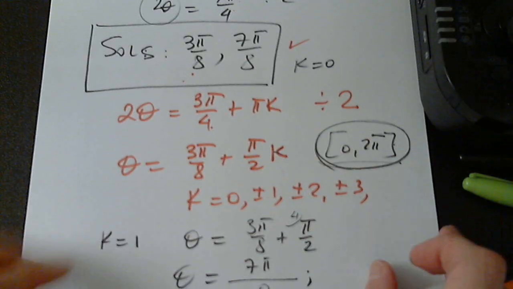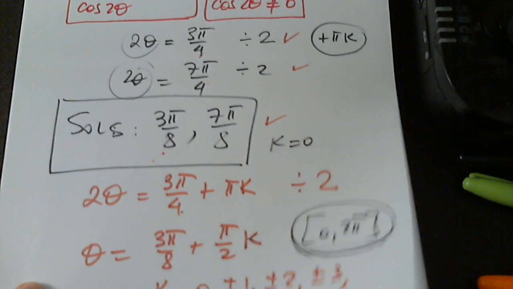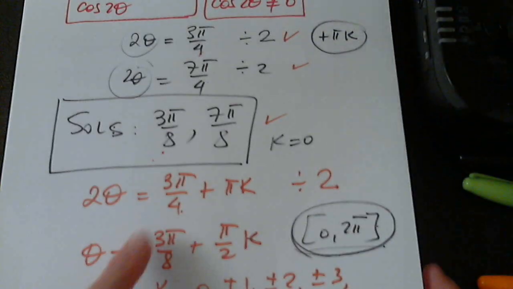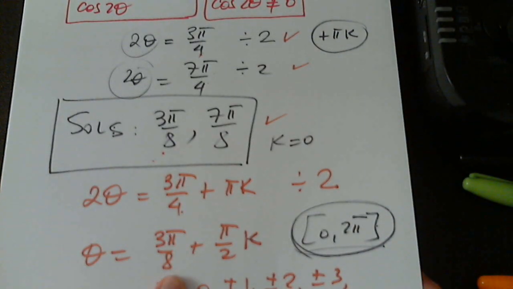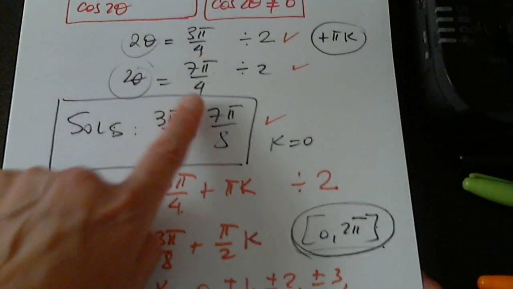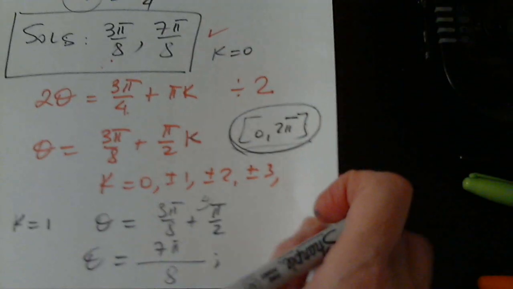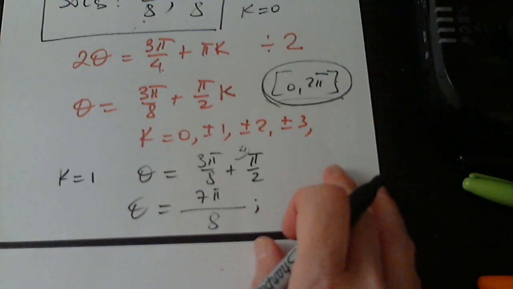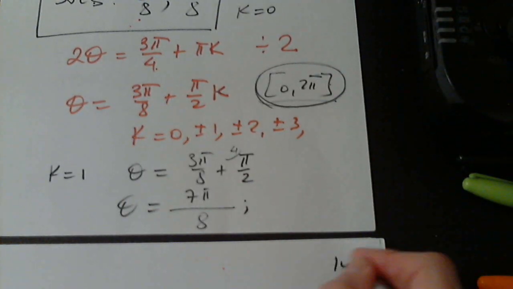The second option with k equals 2. So I'm looking only at this one first, and then I'll come back to the second one with the 7 pi over 4. That one may have less. We'll see.